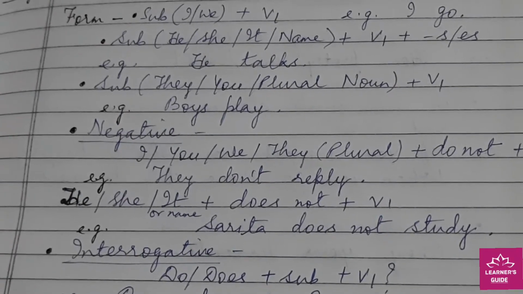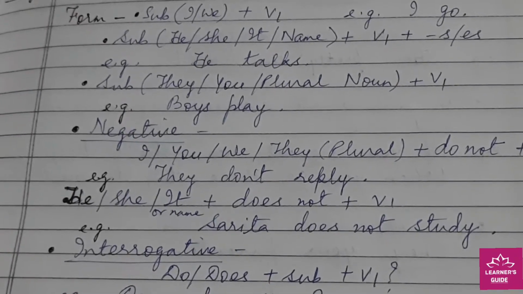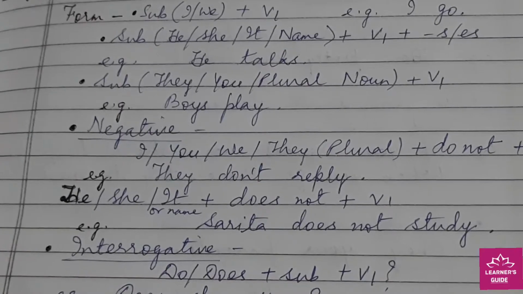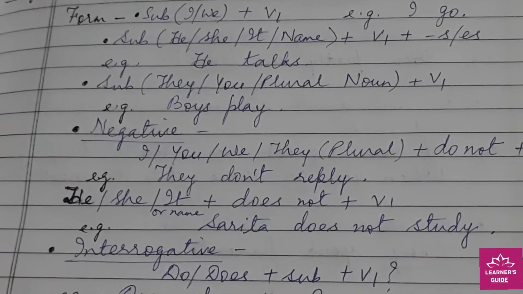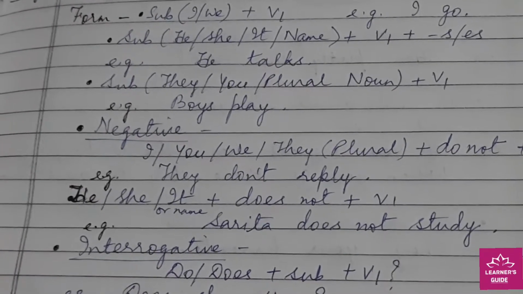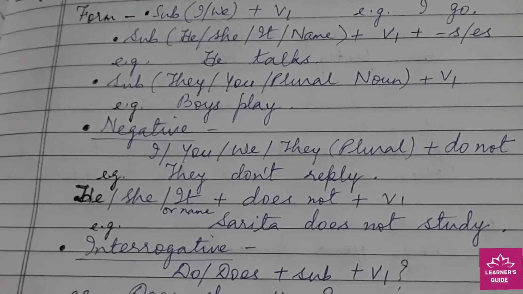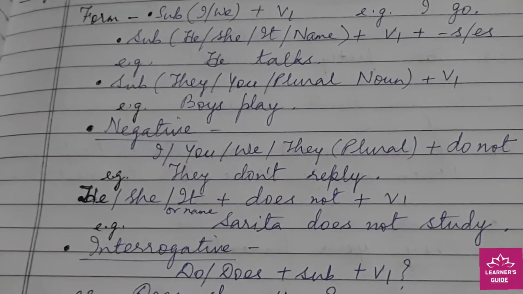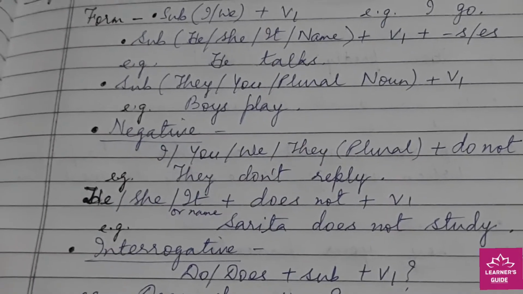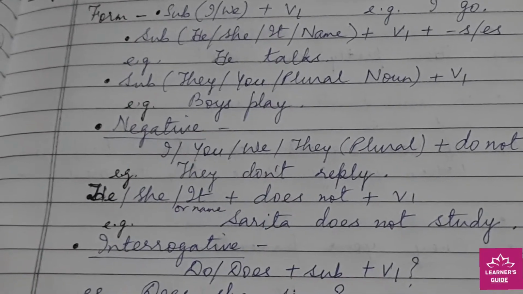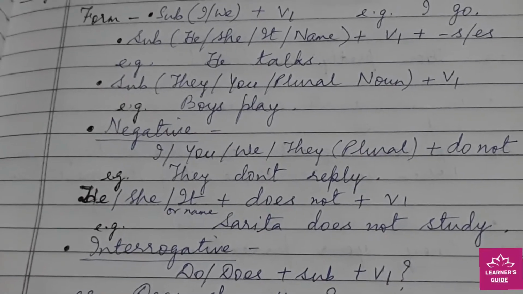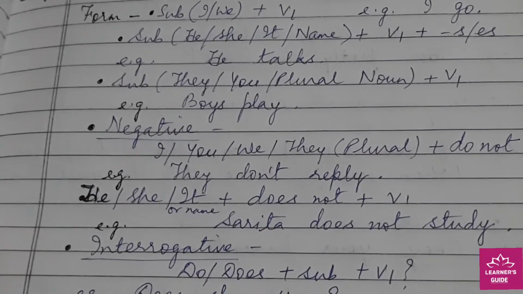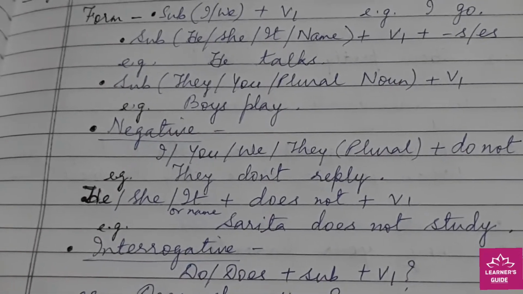So if we have such kind of subjects like third person pronouns, either in masculine or in feminine gender, or it or anybody's name, then we use first form of the verb, and in that first form of the verb we change the spelling a little bit and we add s or es, right?